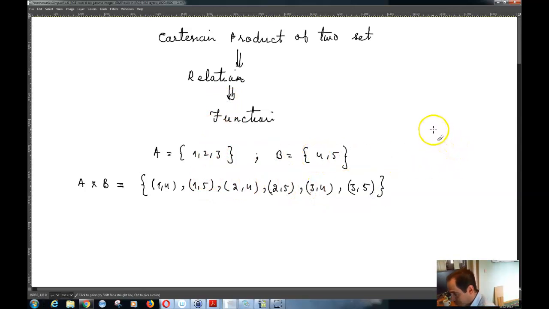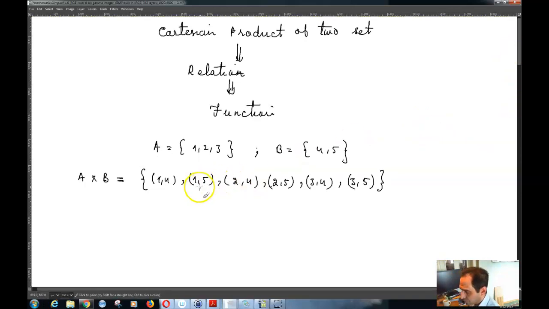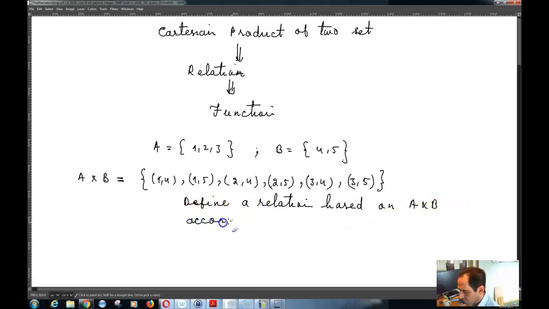Now suppose that you define a relation based on A times B according to some rule. That rule is always some relationship between your x's and y's. So you would call this x and this y, and then you define some relationship between x and y.